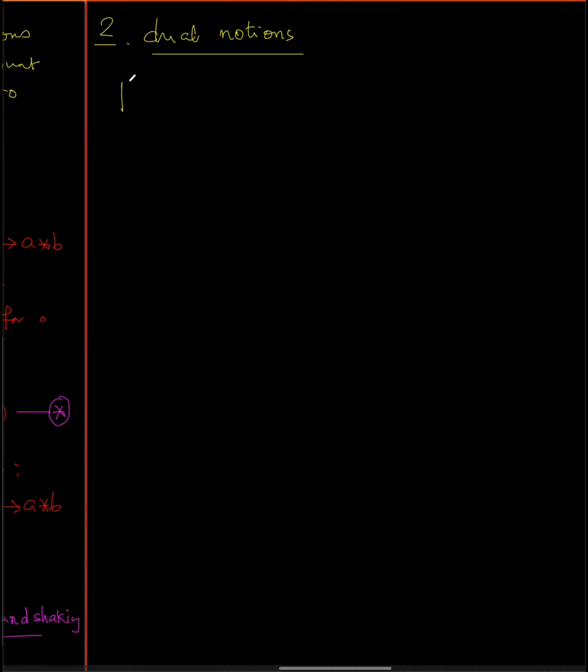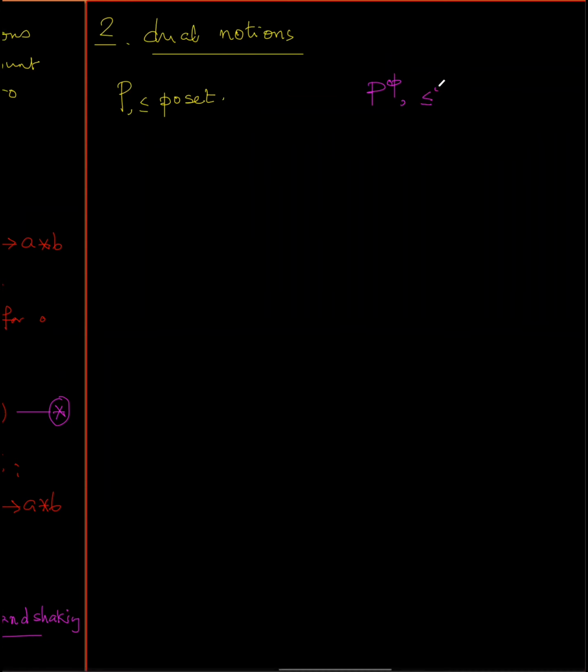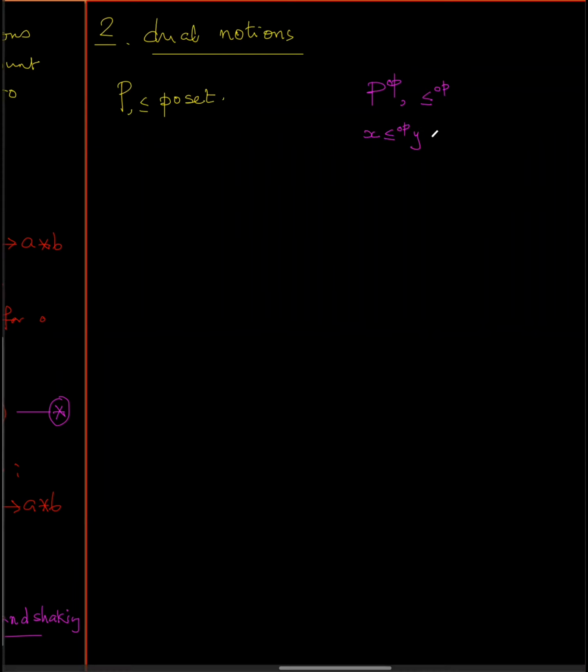So suppose P is a poset. Its dual poset is P op, whose relation is given by this. To denote this, we would write something like this.